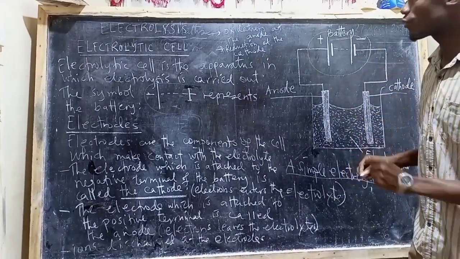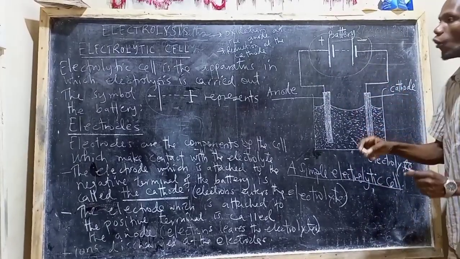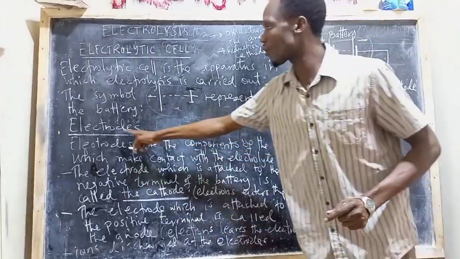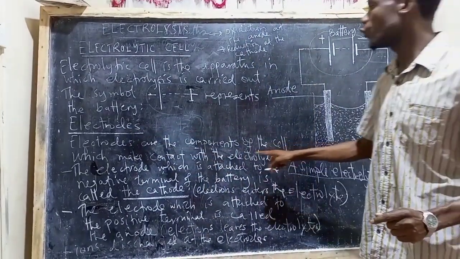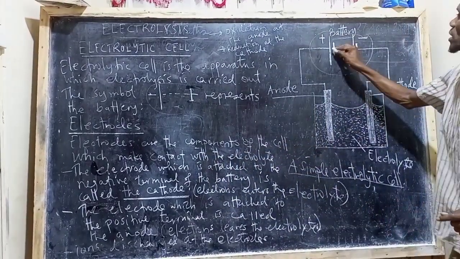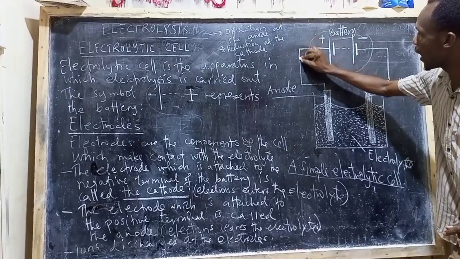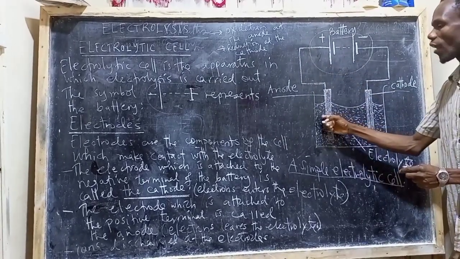It is very important to understand the positive and negative terminals, because we have something called electrodes. Electrodes are the components of the cell which make contact with the electrolytes. The wire is a conductor, and it is not in direct contact with the electrolytes.